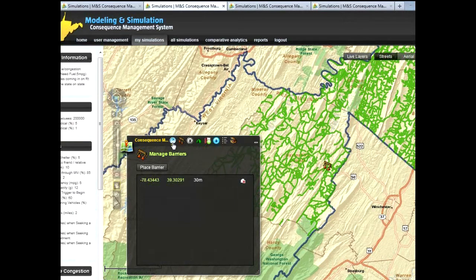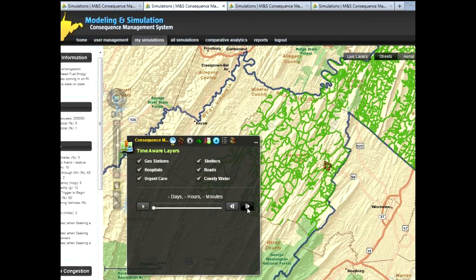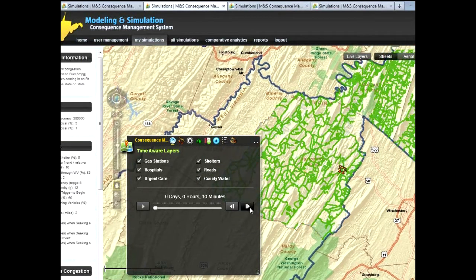So let's start going through the sim. Now we can see what's going to happen. And remember, we're crunching the other simulation, so we will come back to that simulation in a moment after we look at this. So we have some shelters over in Hampshire County, and if we look at how the traffic progresses over time, we see that they're going to hit different gas stations.